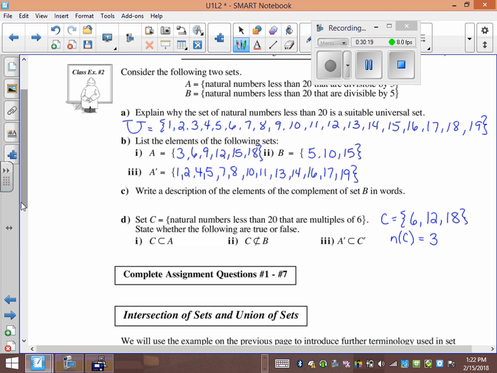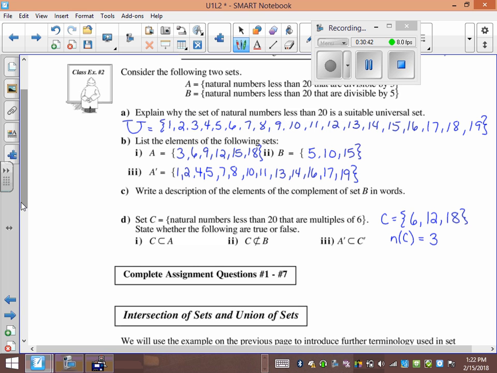You're going to tell me if they're true or false. C is a subset of A. What does that mean? That means every element in C, every single one, not 2 out of 3, not 1 out of 3, but 3 out of 3 are in A, correct? So C has 6.